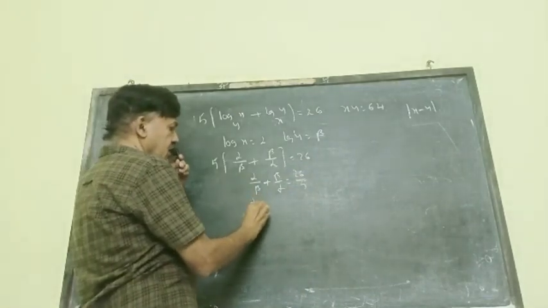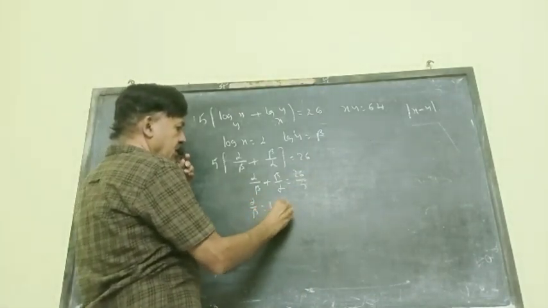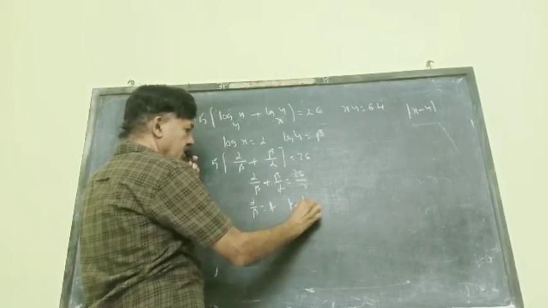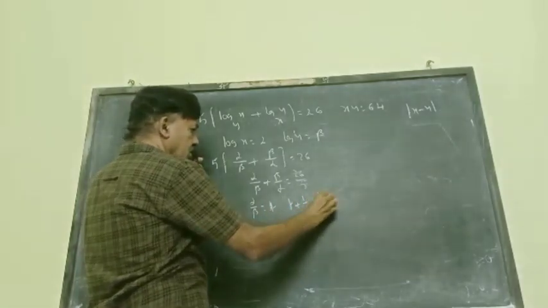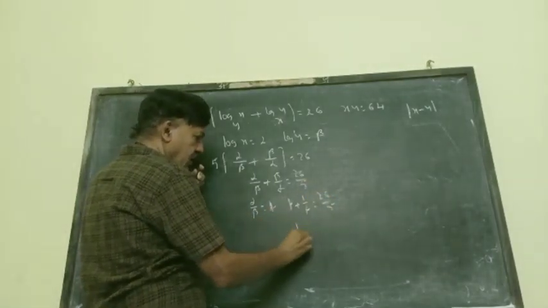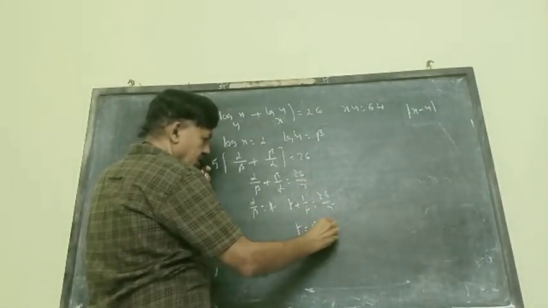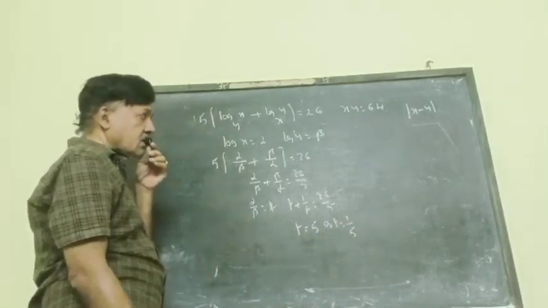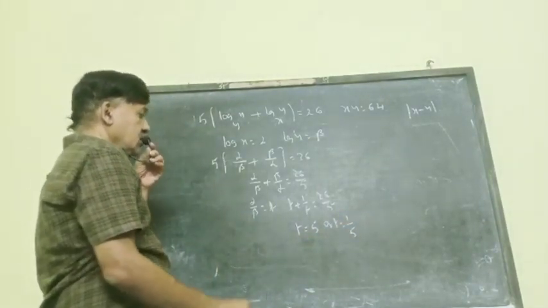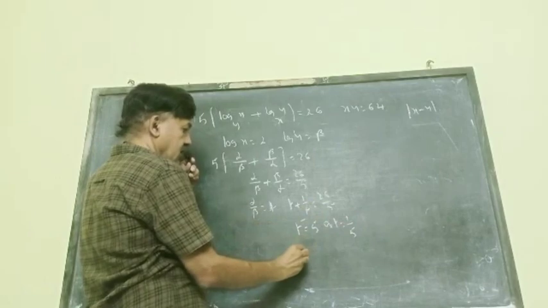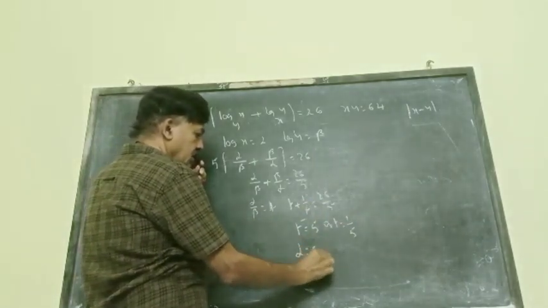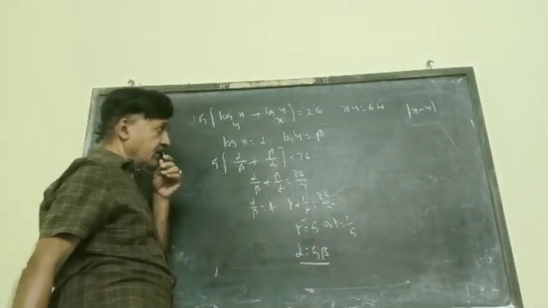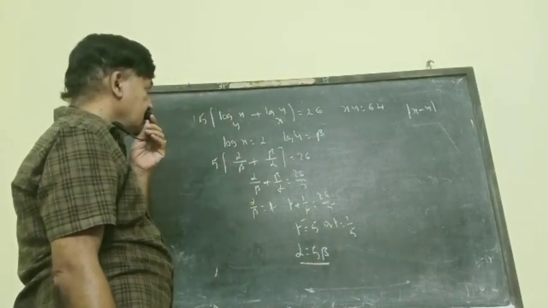If you solve this, you put alpha by beta as t, you will get t plus 1 by t is equal to 26 by 5. Solve this quadratic, you get t is equal to 5 or t is equal to 1 by 5. Right? So t is equal to 5 you consider. Then alpha is equal to 5 beta you will get. Okay, understood?